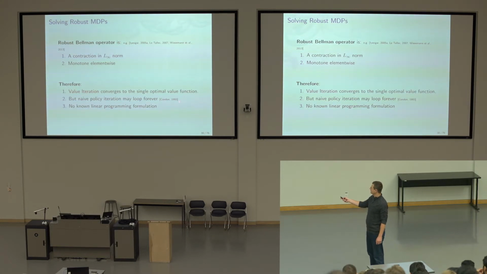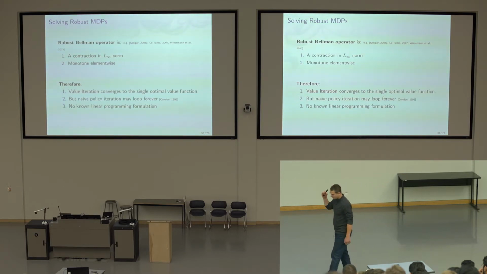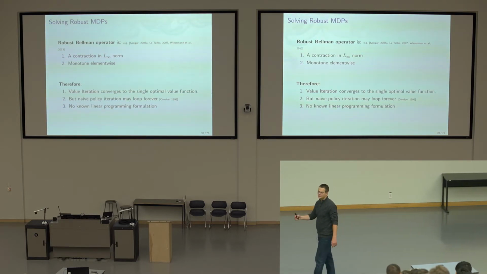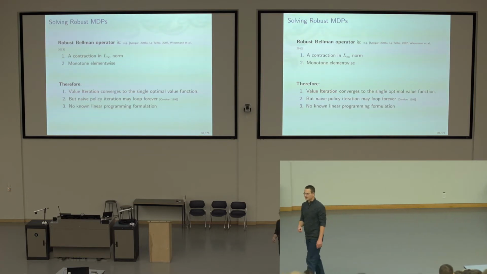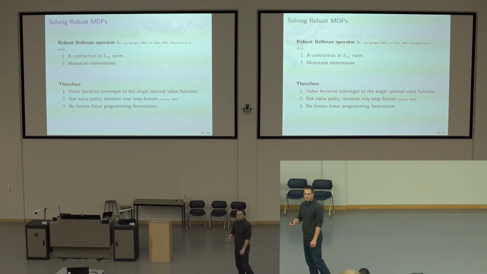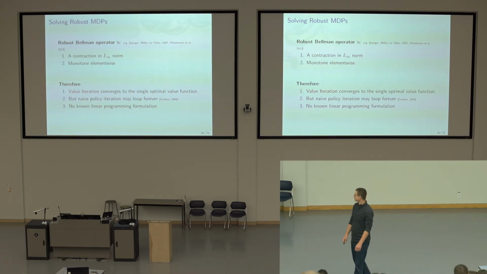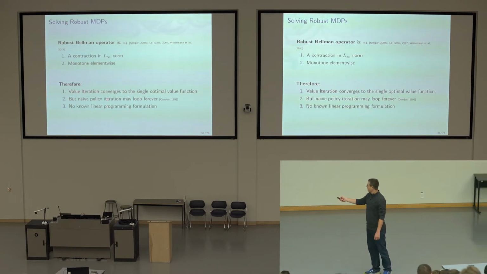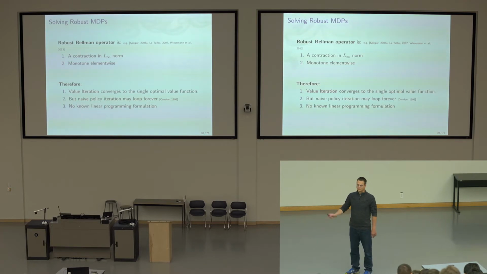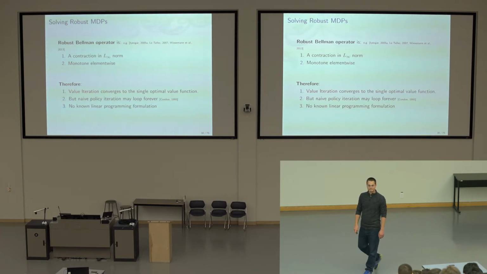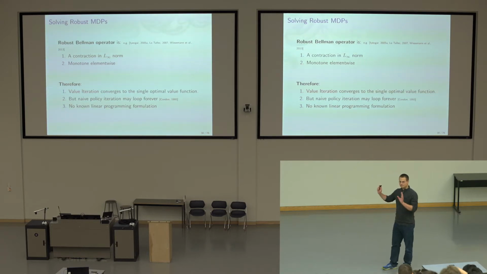I put a citation here from the 1990s, which shows that taking policy iteration as it is and applying it to robust MDPs, you can end up with a cycle and never get to the optimal value function. And as I said, there's no nonlinear programming formulation for the robust MDP problem. So, as long as they are rectangular, robust MDPs are relatively easy to solve.